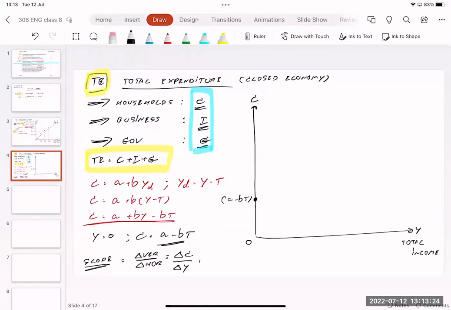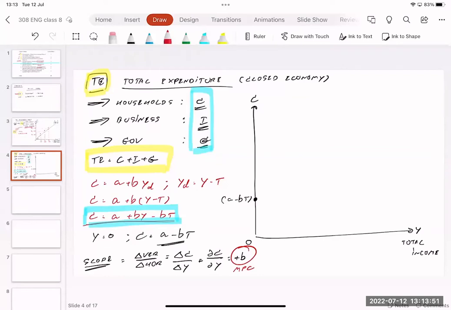Calculus, just the partial derivative of C with respect to Y. What I get from the main equation is, no, I get plus B. This is my slope. The slope is always positive. Don't forget that B that you learned before is equal to MPC, the marginal propensity to consume.